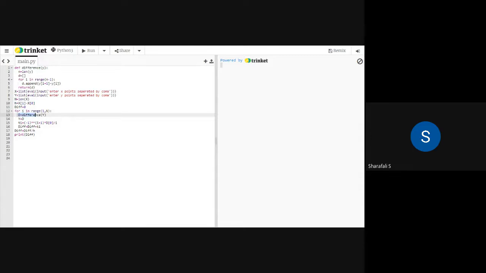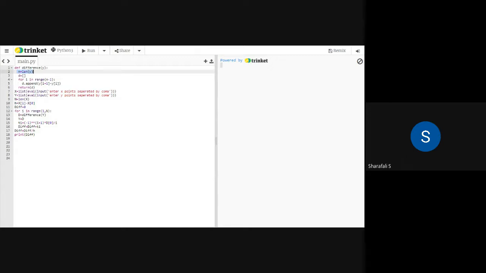So when it reaches this step, our I value is equal to 1. Then it will go to this step and calculate the difference of y. What is y? Y is the given list. From that list, it will calculate the difference of y, and in that, first it will calculate what is small n, that is the length of small y.